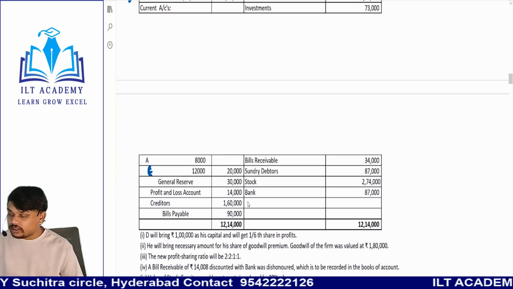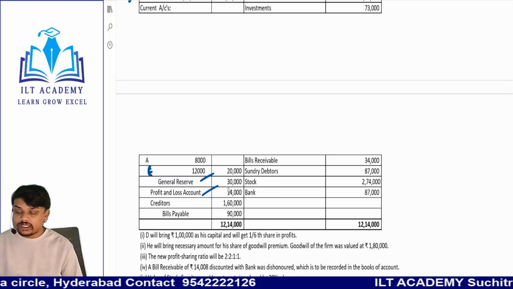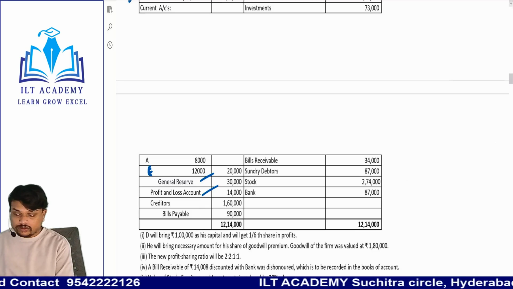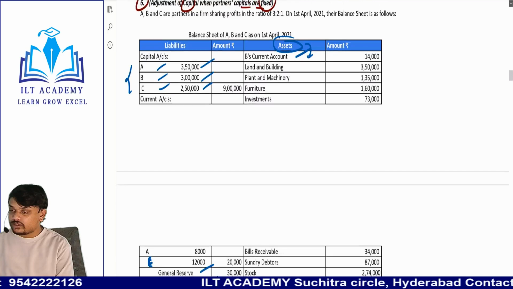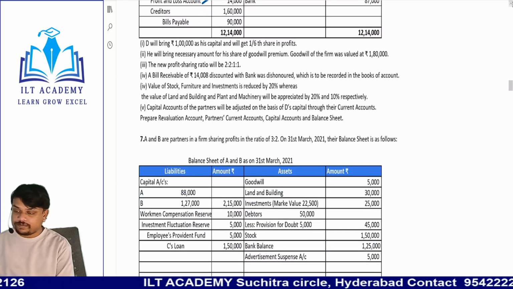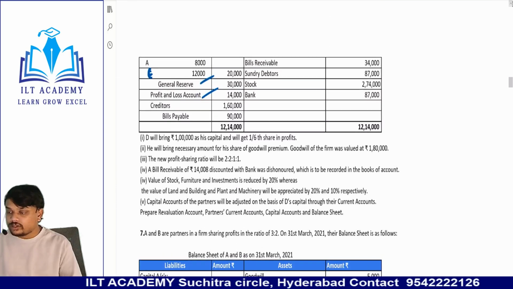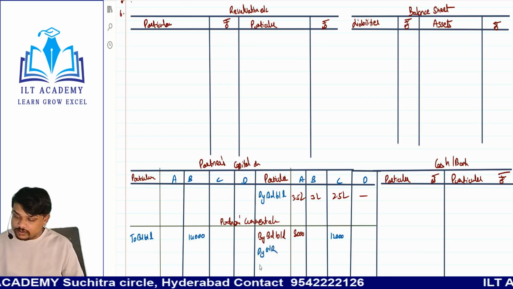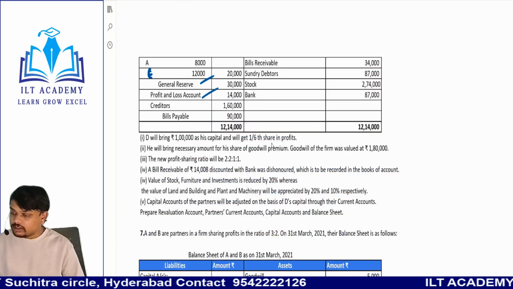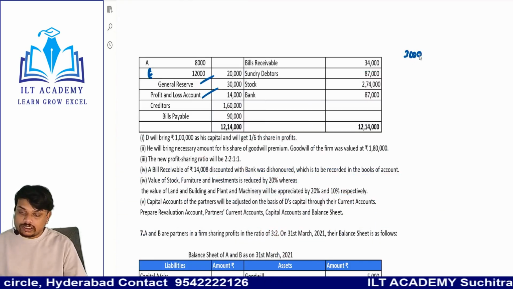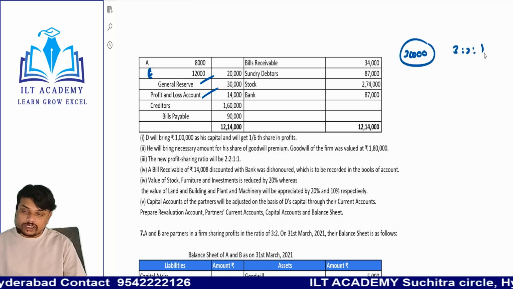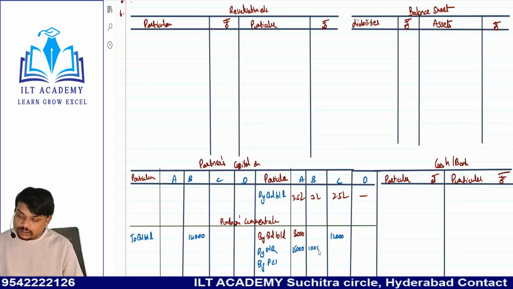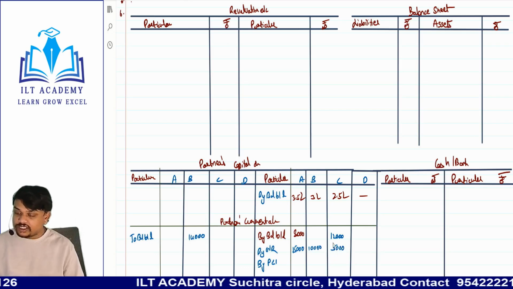Now we can check that general reserve and P&L account both are there. General reserve is 30,000 and the old ratio is 3 is to 2 is to 1. General reserve and P&L account we need to distribute. General reserve of 30,000 in 3:2:1 is 15,000, 10,000 and 5,000.